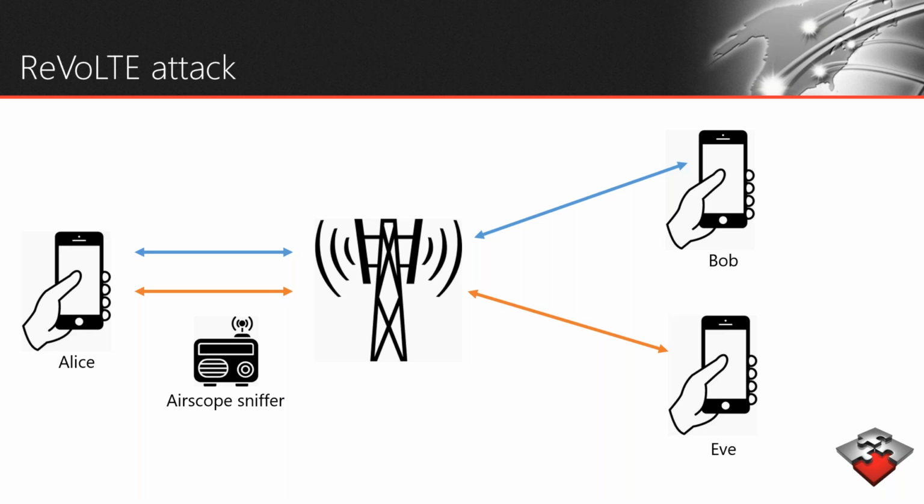Eve then records both the unencrypted and encrypted data streams of her own phone call to Alice. These two data streams can then be mathematically combined using an exclusive OR operation to recover the encryption key. The recovered encryption key can then be used to decrypt the secret phone call between Alice and Bob.